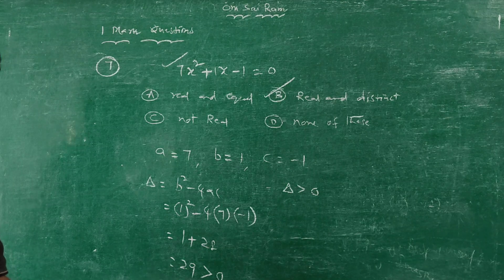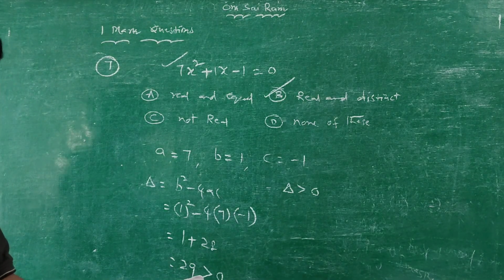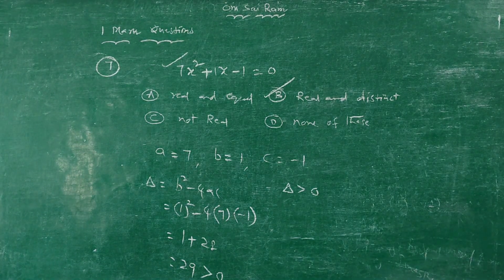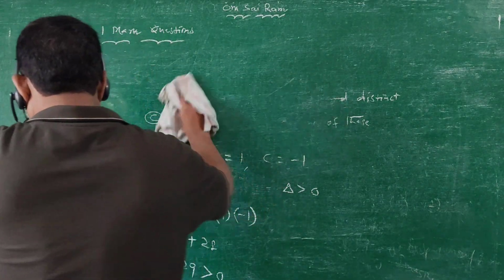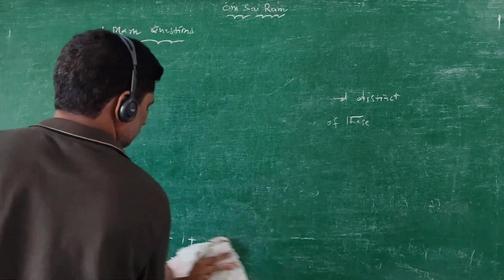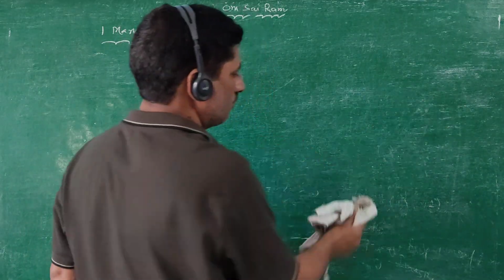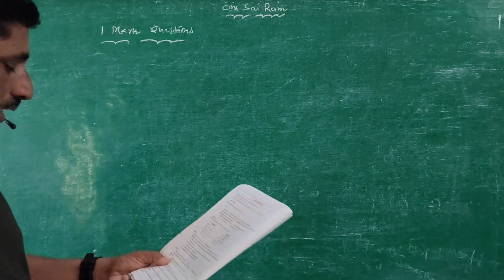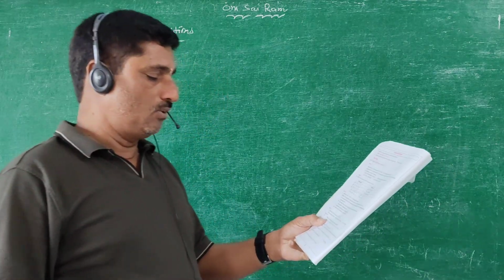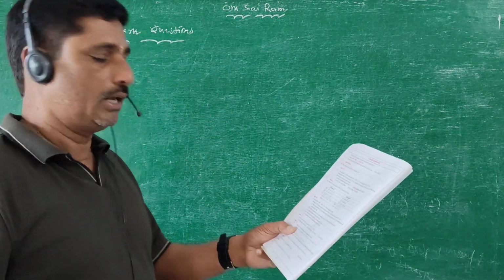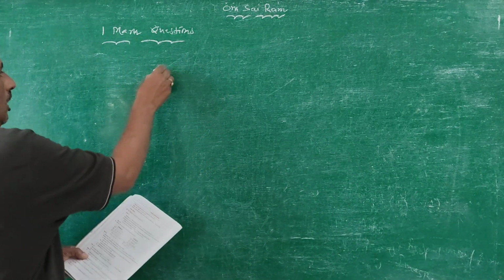Okay, next, the eighth question. Which type of question is this? Which of the following is not a quadratic equation? They give some options here.